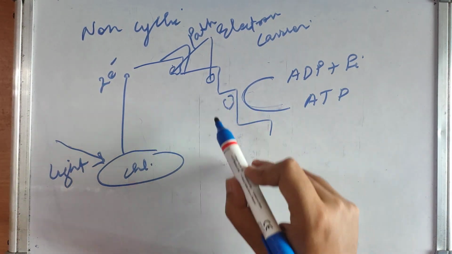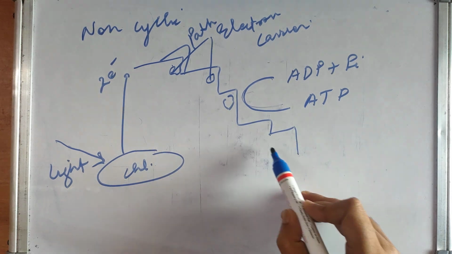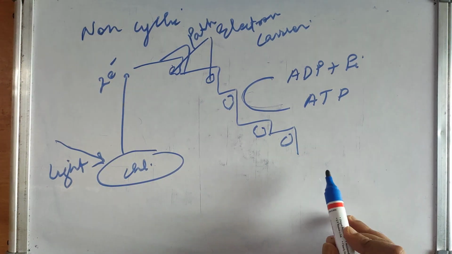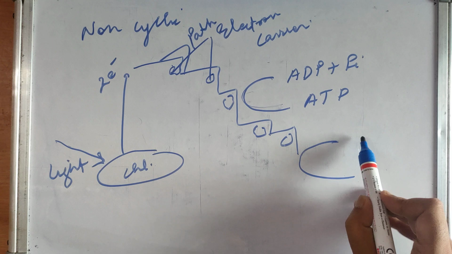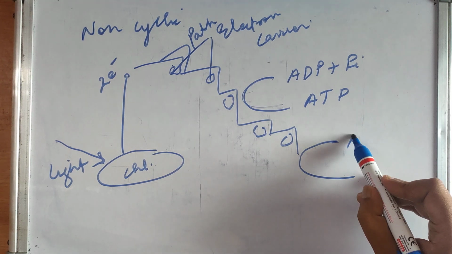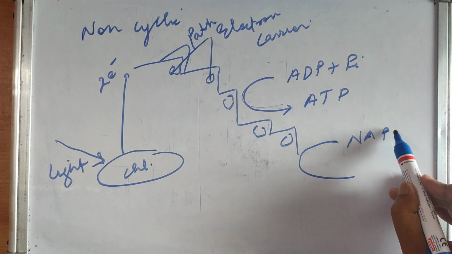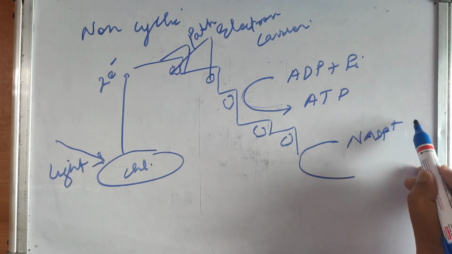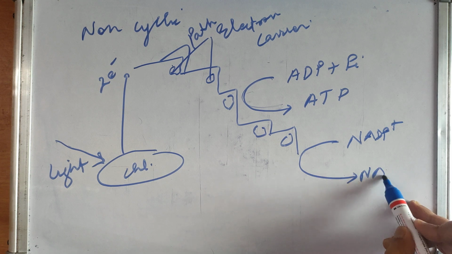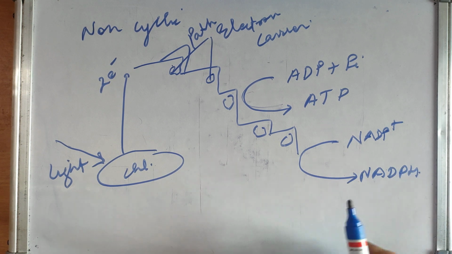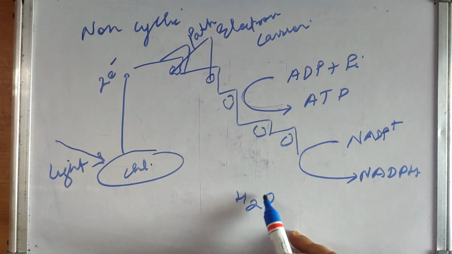Here also we have got an electron carrier. Now here there is involvement of NADPH. It is produced from NADP plus, which produces NADPH. And here there is photolysis of water.